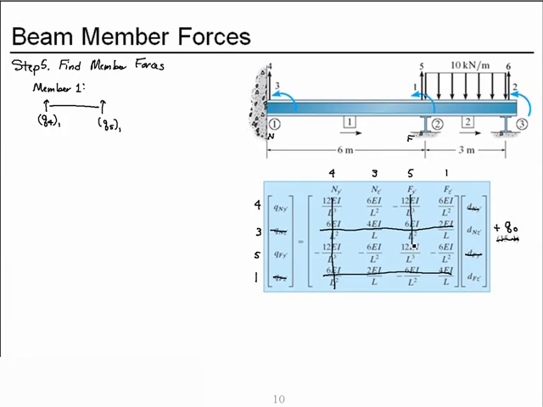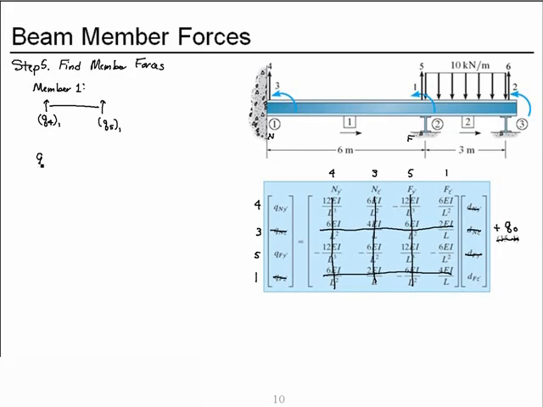So I don't need these. And since node 1 is fixed, there's no rotation, so this degree of freedom will also be 0. So I don't need any of these coefficients from the element stiffness matrix. I only need this one and this one.